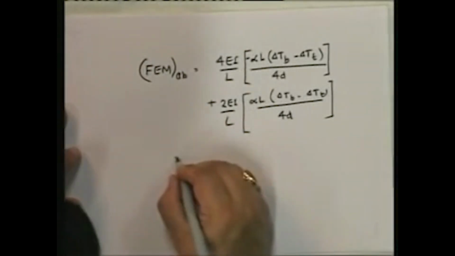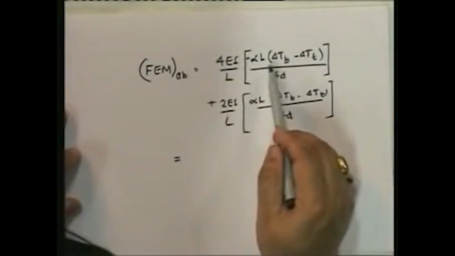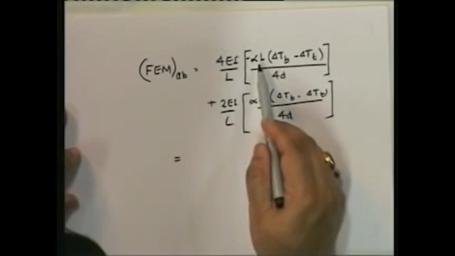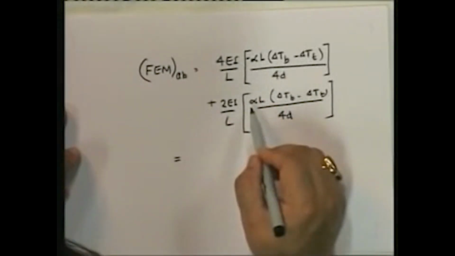So this is equal to minus 4EI alpha plus 2EI alpha.